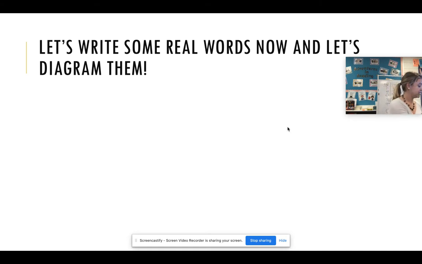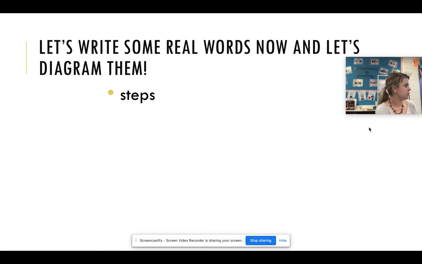Steps. All right, let's see. St. Ep. Steps.